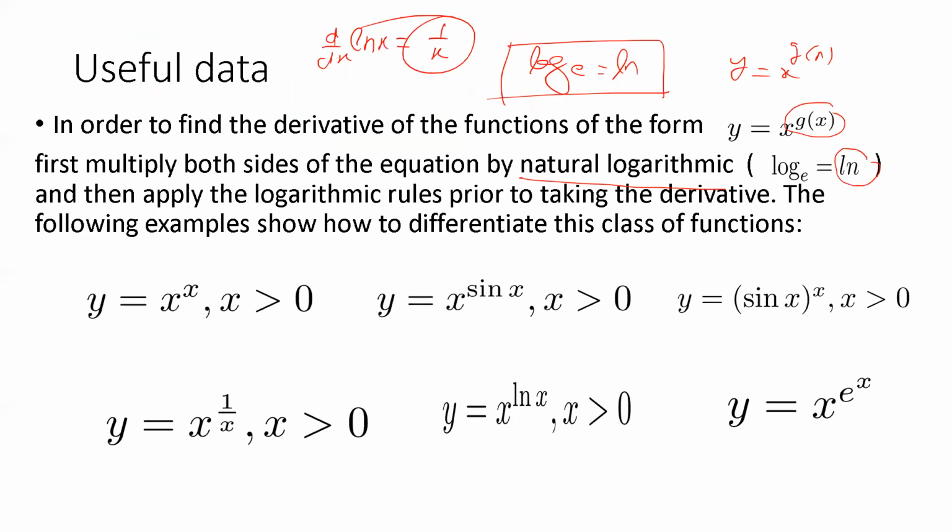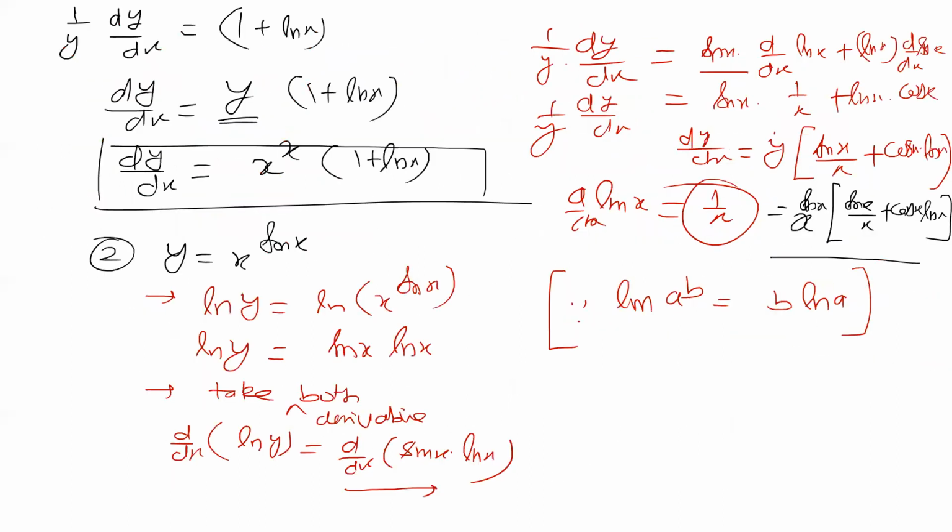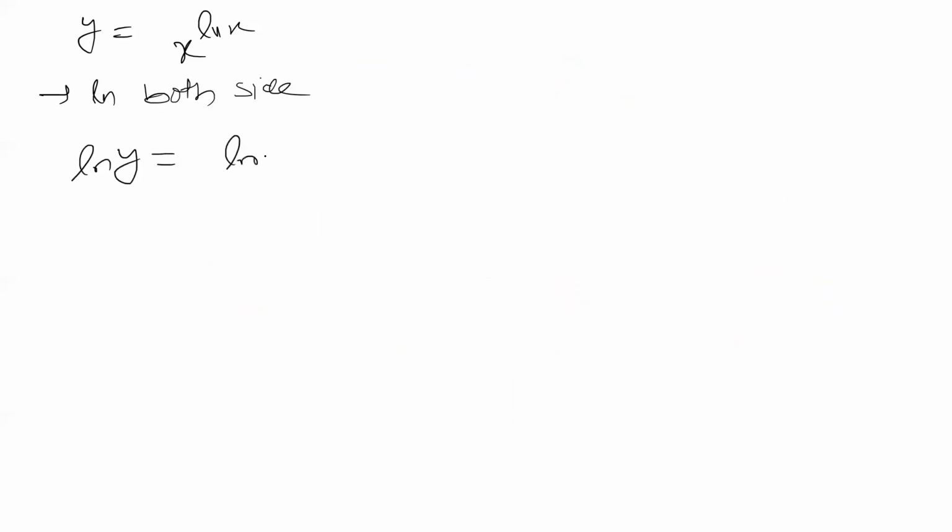What is the next question? y equal to x power sin x. Okay, so take the natural log on both sides. Then ln y equal to ln x power sin x.